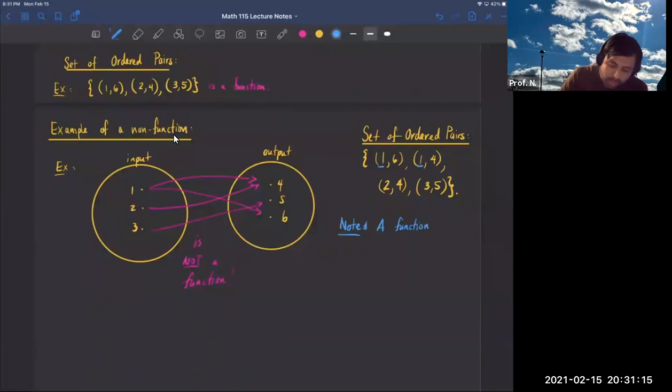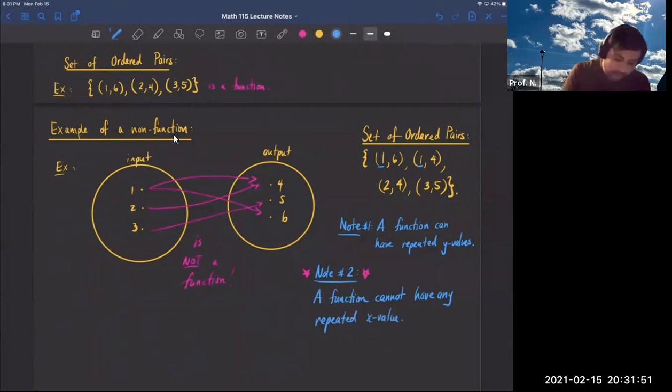So a function, this is note number 1: a function can have repeated y values. It can. It's okay. But note number 2, which is probably even more important than number 1, is that a function cannot have any repeated x value.